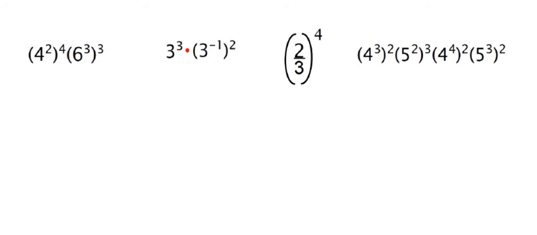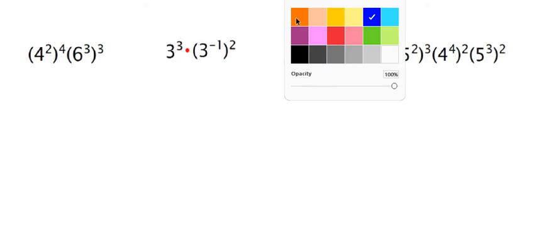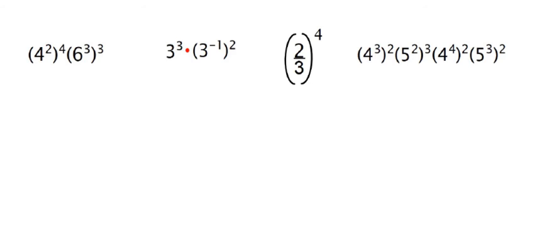All right, so they start to get a tiny bit more complicated here, but it's going to be the exact same concept. So when I look here at this first question, I start this one here on the left, and I see that I have 4 squared raised to a power, and then I have 6 cubed raised to another power.